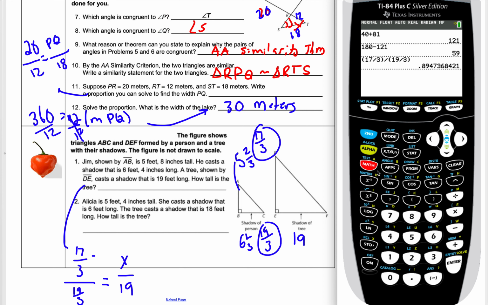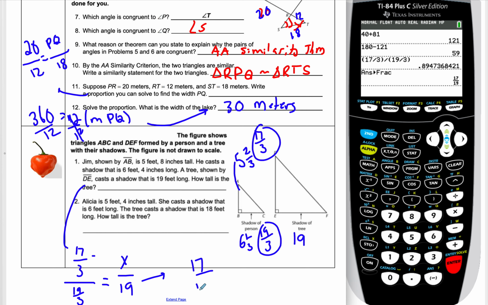What is it? Well, if I math to frac this on my calculator, notice what I get is 17 over 19. So actually, the 3's cancel each other out. So what I actually have is 17 over 19 is equal to x over 19. So what does that mean? x is 17.